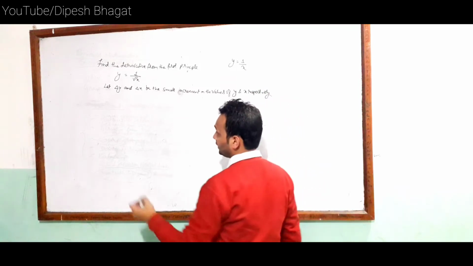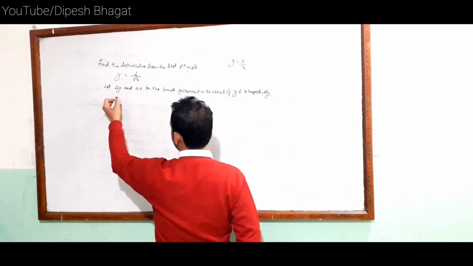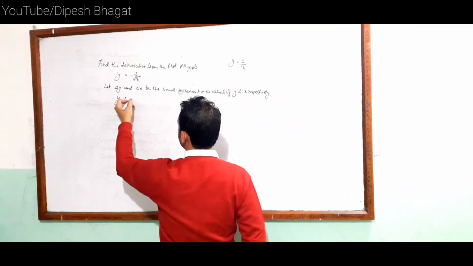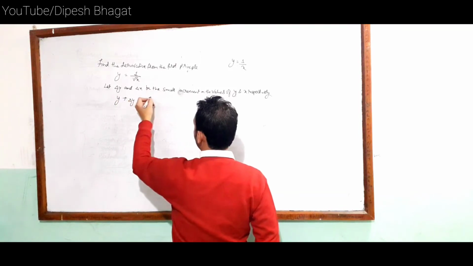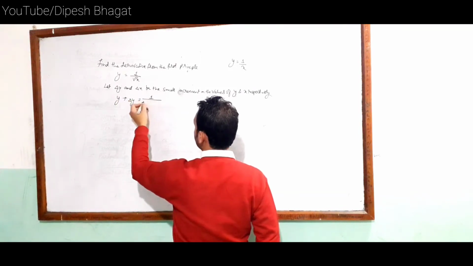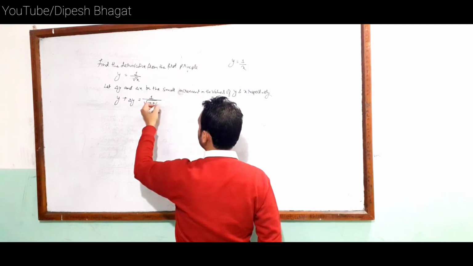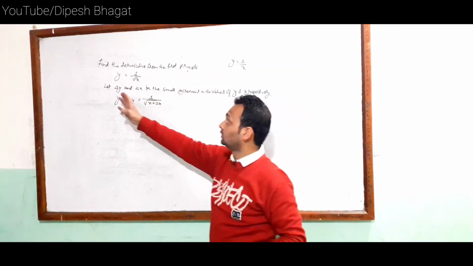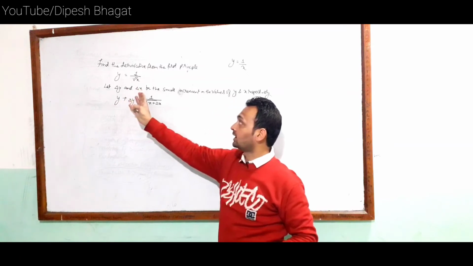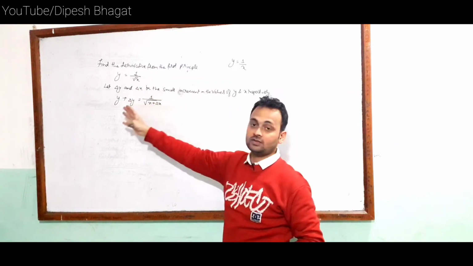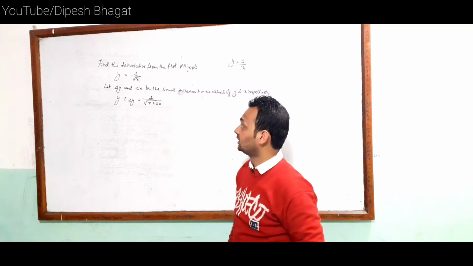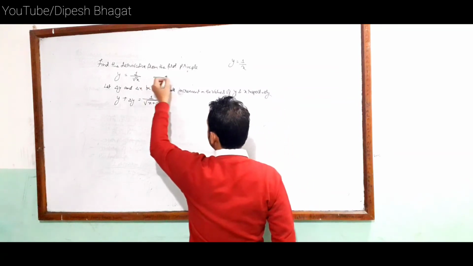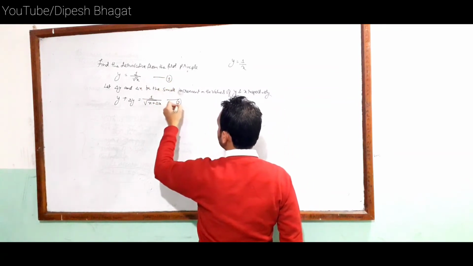Clear? And after that, the new equation that will be formed is y plus delta y equals 1 by root under x plus delta x. So this will be the new equation when we make delta y and delta x the small increments in the values of x and y. Clear? Let us suppose this as equation 1 and this as equation 2.